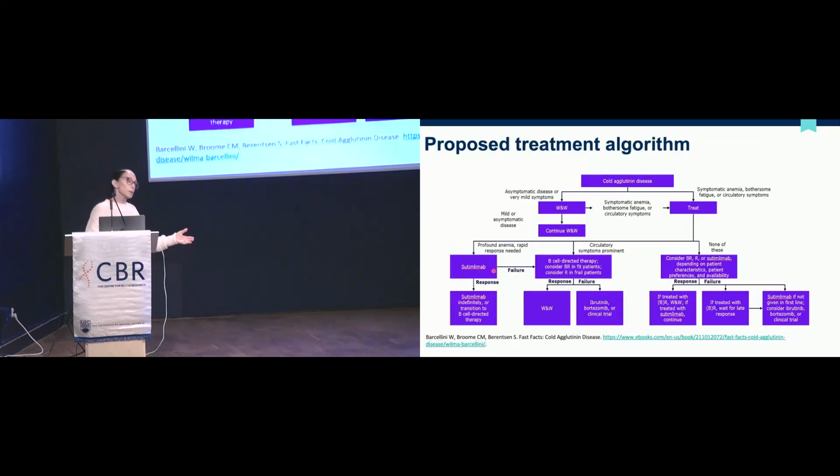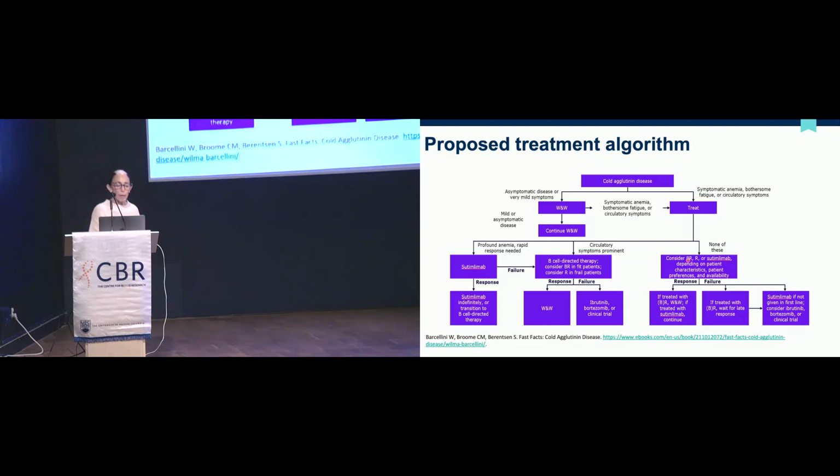So, how do we treat these patients in 2024? Well, you can watch and wait if they're really asymptomatic, but you need to make certain they're really asymptomatic. Or if they have anemia, cold agglutinin symptomatology, gangrene, Raynaud's, et cetera, you might want to treat. And you can treat with BR if the patient's willing.